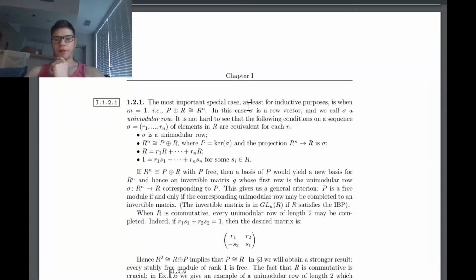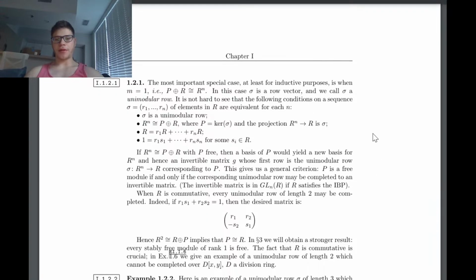So if you have a stably free module, then the row vector here is going to be the projection of R^n onto this R component.